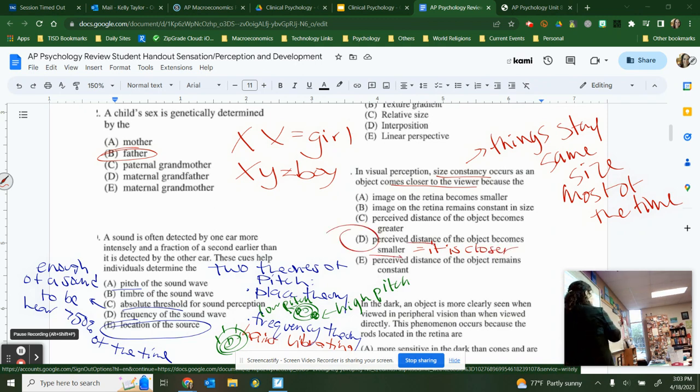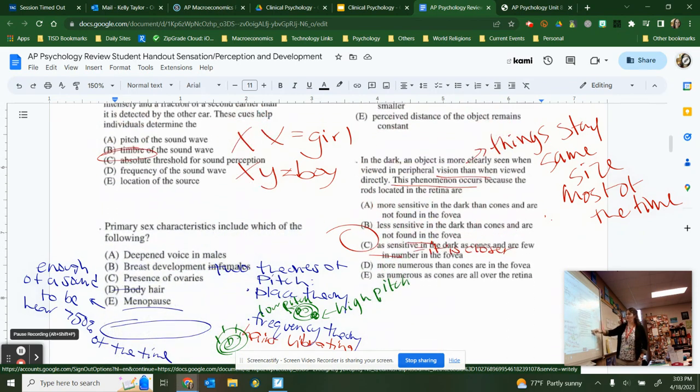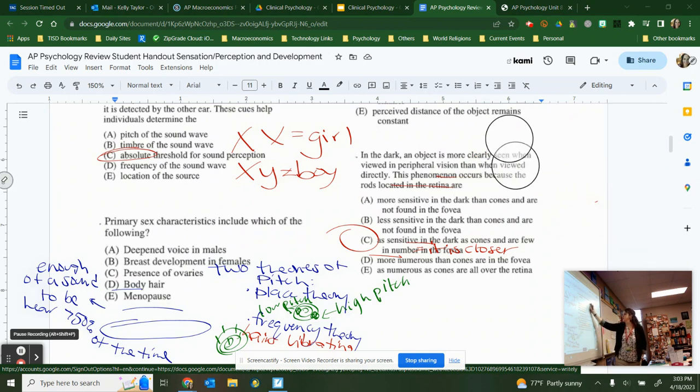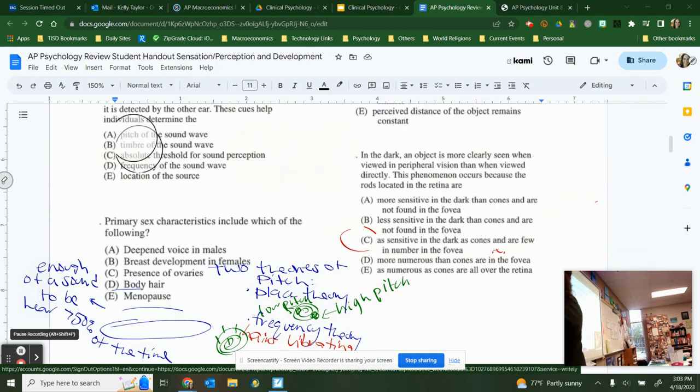And yes, it's going to look big because it's close, not because it's bigger, because things stay the same size most of the time. So if it looks like it's getting bigger, it's not. It's getting closer.